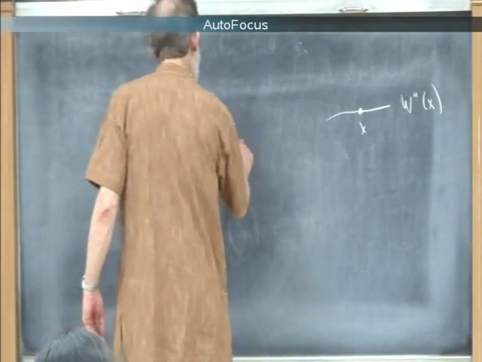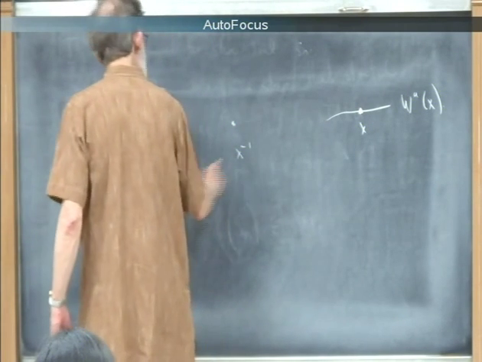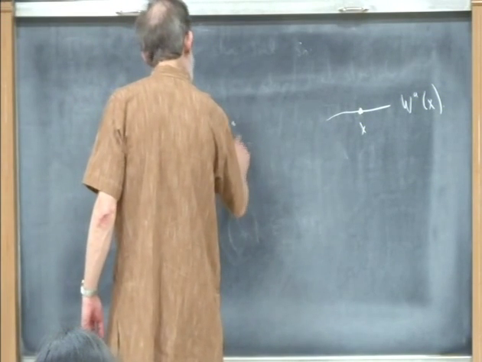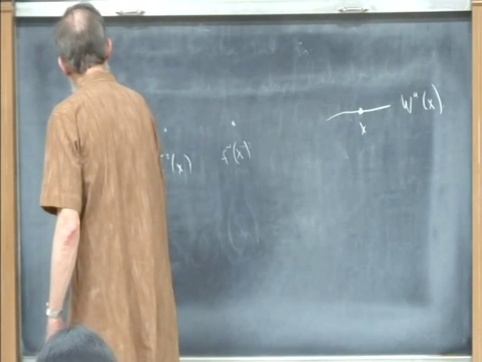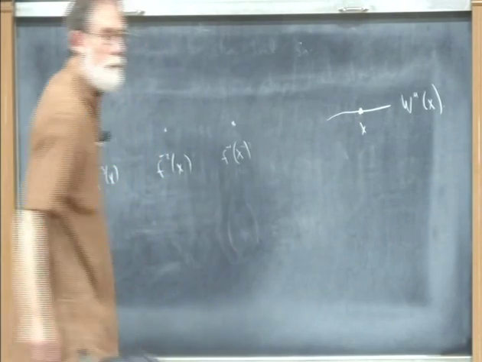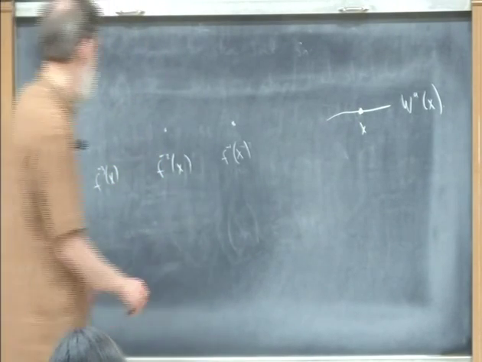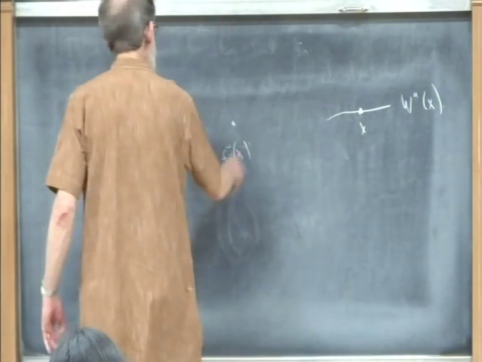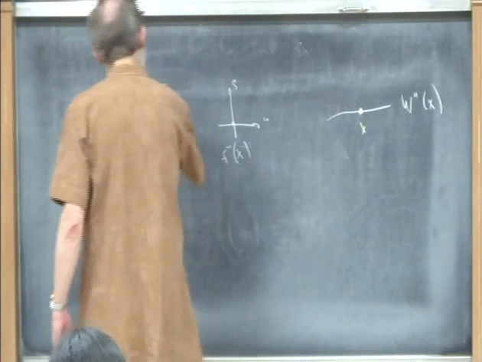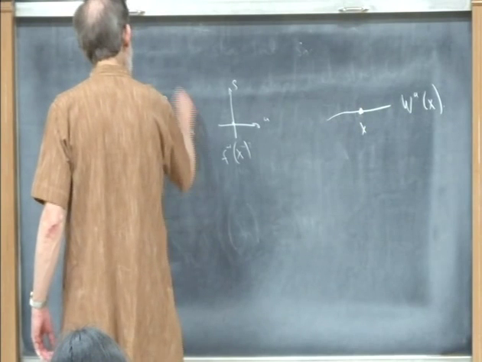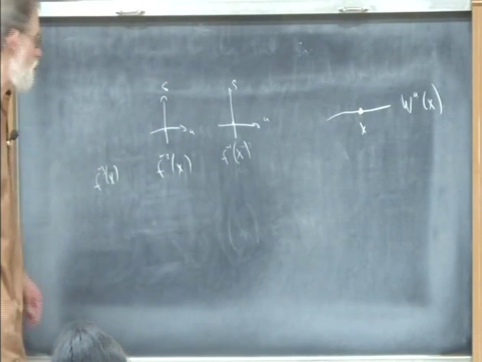And so what I have to do is look at f to the minus 1 of x, and around each point you want to look at the stable direction and the unstable direction.